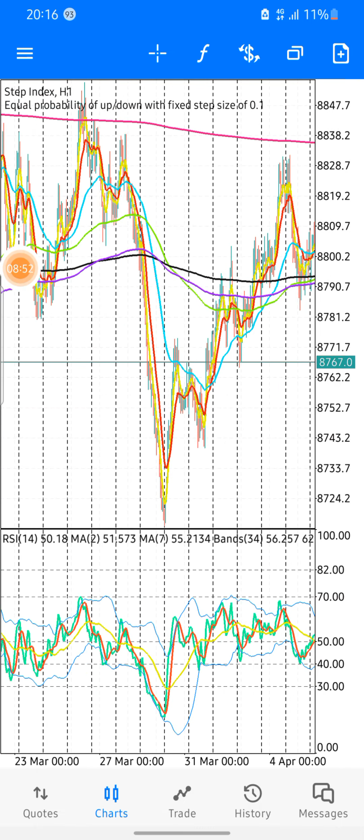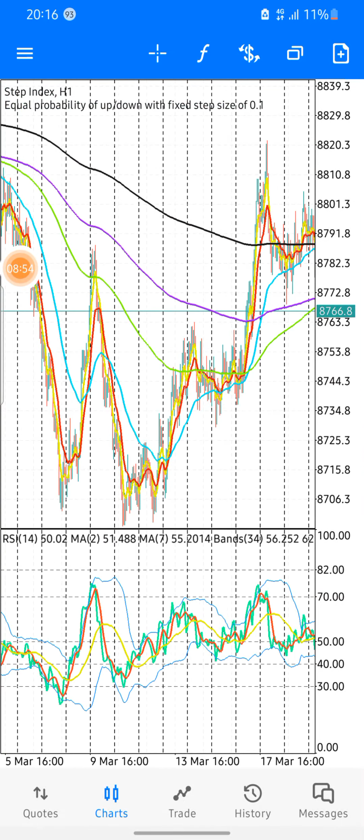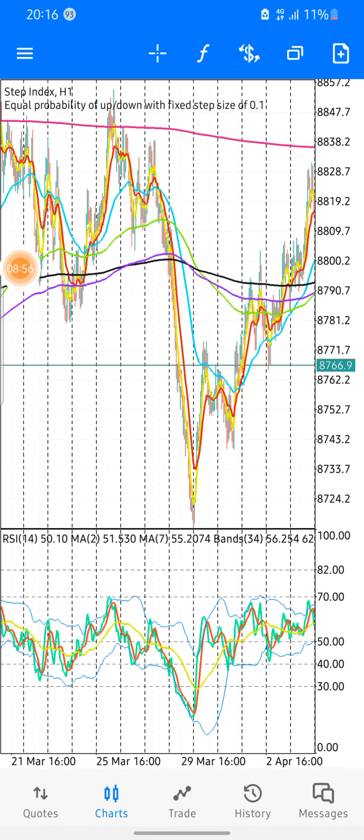Okay, I'm not finding a proper head and shoulders to show you, but if you happen to find one, I think I showed you the simplest version of how it looks.